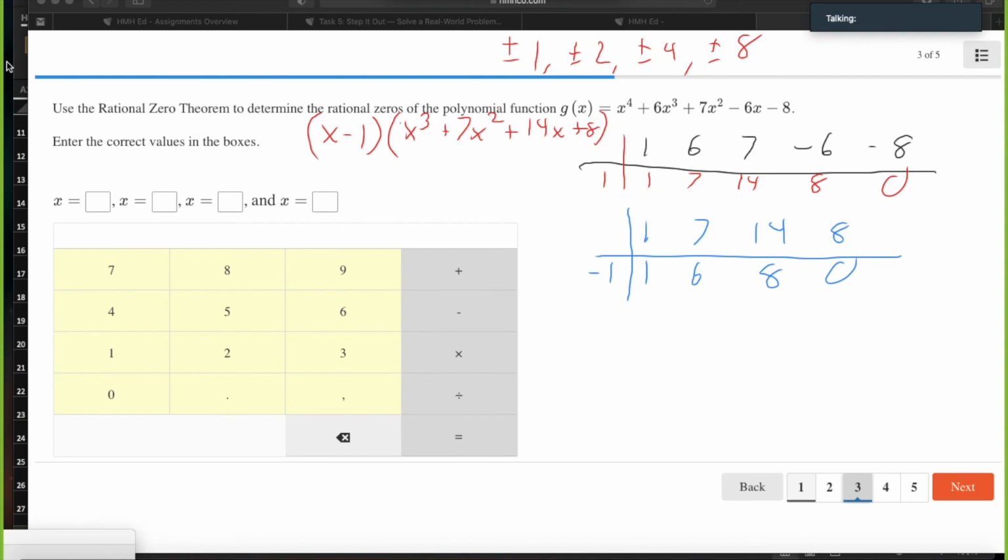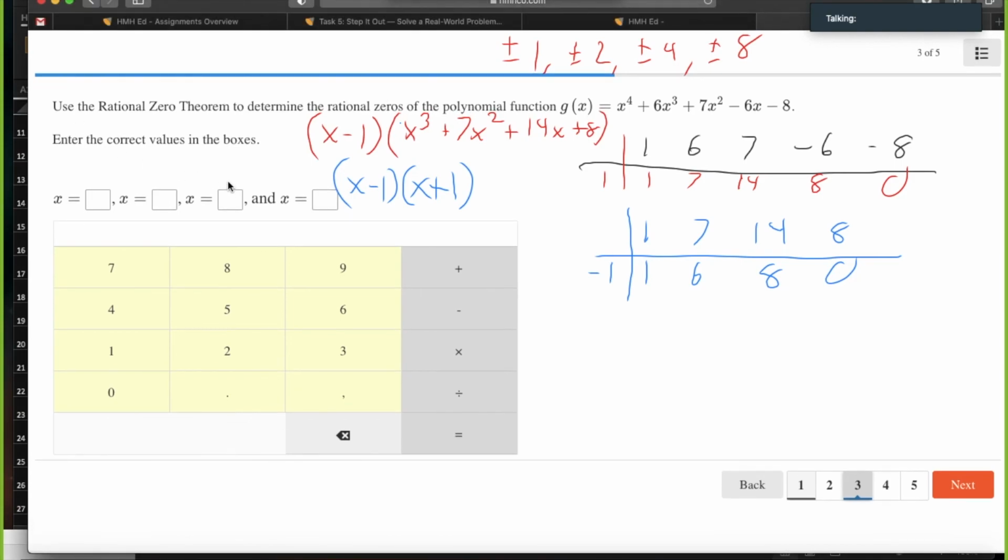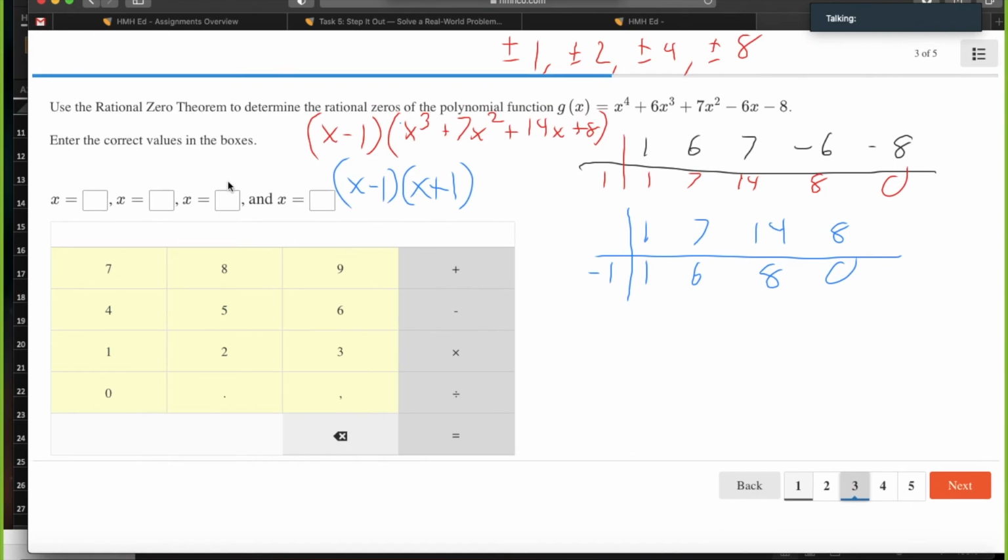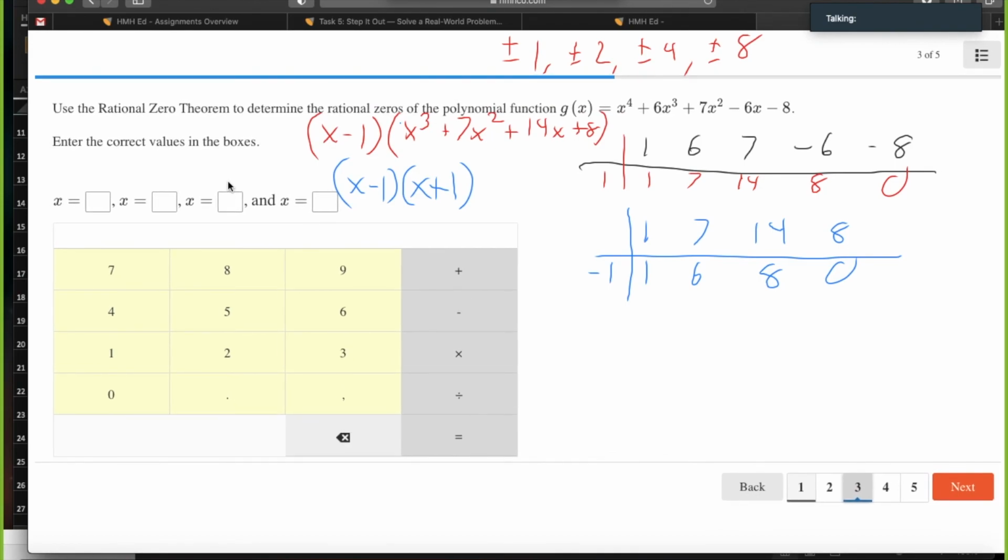So now we know that x minus 1, x plus 1, and then x squared plus 6x plus 8.